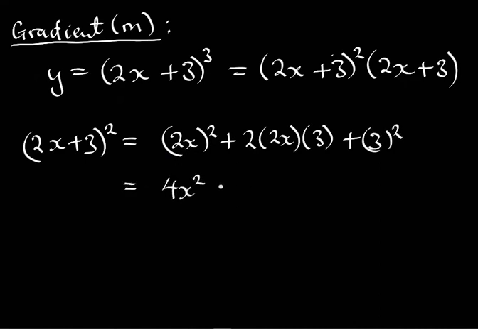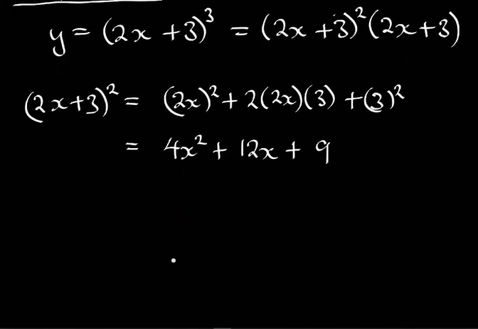The 2x squared is going to be 4x squared. We're going to add a 12x and a 9. So this is one of these parts, and now this answer we want to multiply with the 2x plus 3.